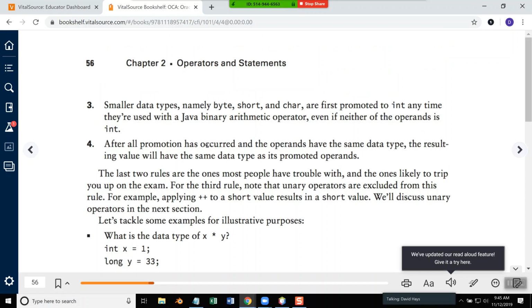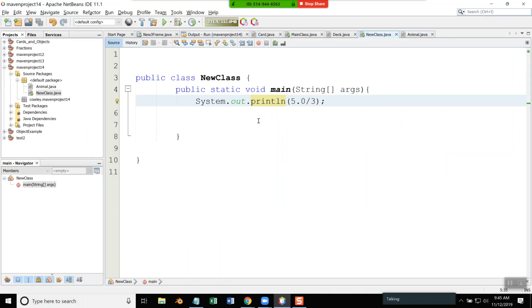Smaller data types, namely byte, short, and character, are first promoted to int anytime they're used with the Java binary arithmetic operator, even if neither of these operands is int. That's interesting.